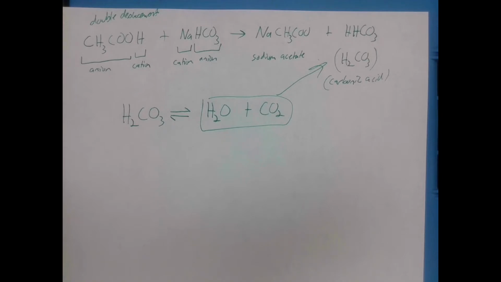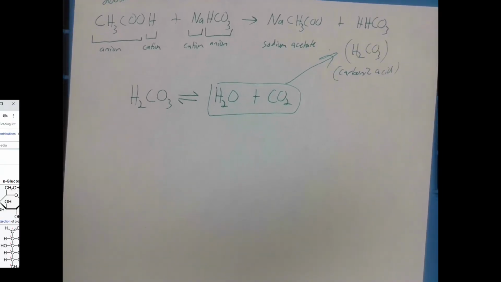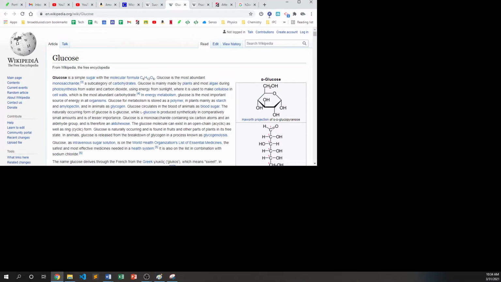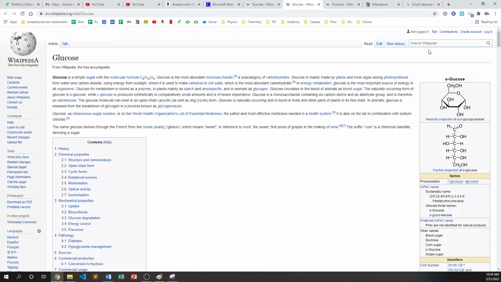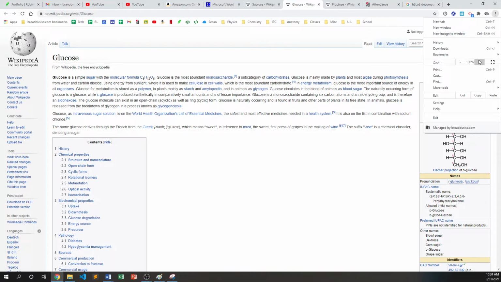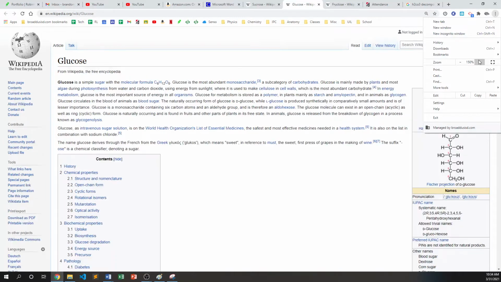It becomes problematic to reference something by just a formula. Glucose and fructose are two different chemicals. So here, every intersection is a carbon. Here's the structure of glucose.